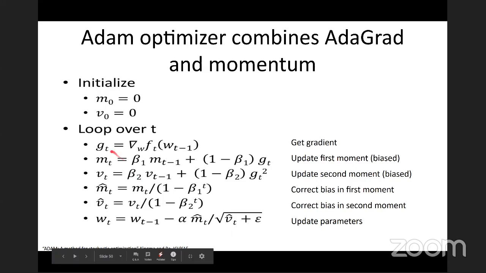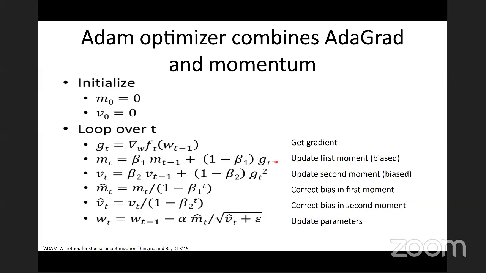Your first moment is basically an exponential running average, incorporating the gradient in it. And the second moment is the exponential running average incorporating the gradient squared in it, for this particular weight. So it doesn't look at interaction between different weights. The off-diagonal terms of the Hessian, it ignores that. It only looks at the diagonal terms of the Hessian in some sense.